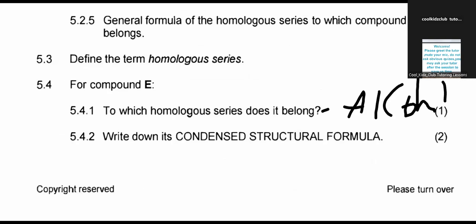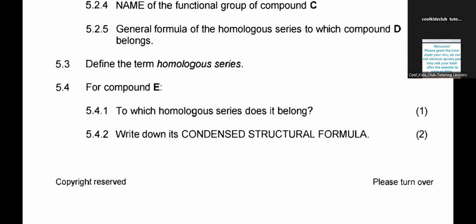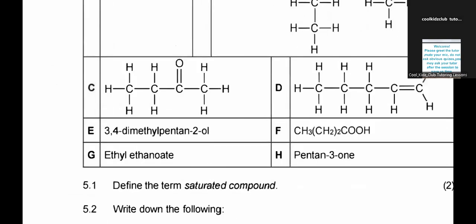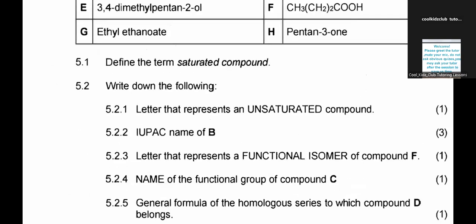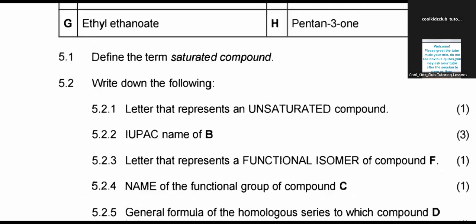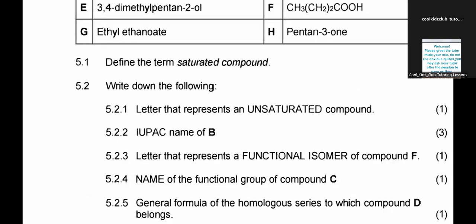Now write down the condensed structural formula. Then we're going to write a condensed structure. You cannot write the condensed structure unless you draw. Let's speak quickly. Our time is up. So let's just try to draw.